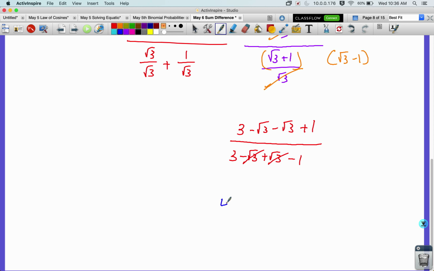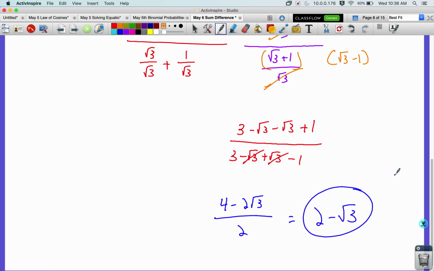This becomes a 4 minus 2 root 3 all over 2. Distribute that division, and we get 2 minus root 3. And then these are pretty easy to double check. Just do tangent of 15 in your calculator, then do 2 minus the square root of 3 in your calculator. Decimals match, so we're good.